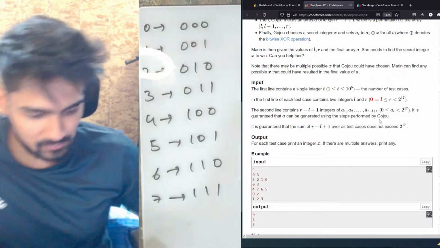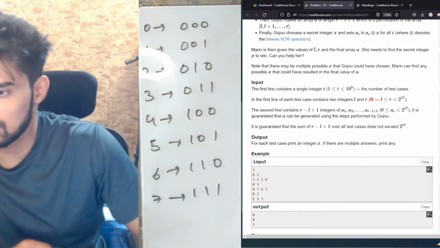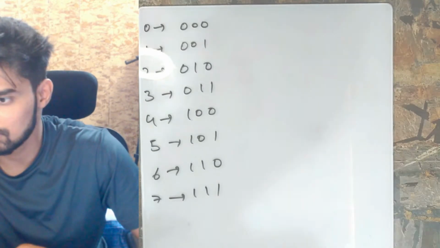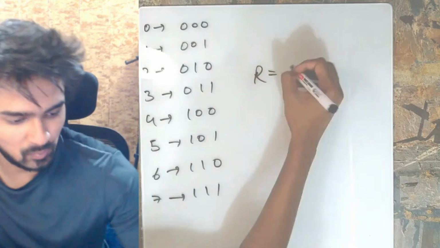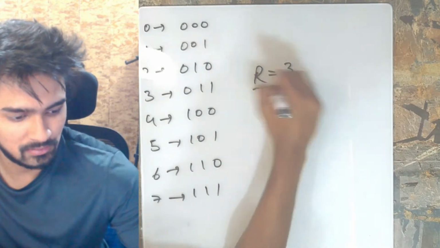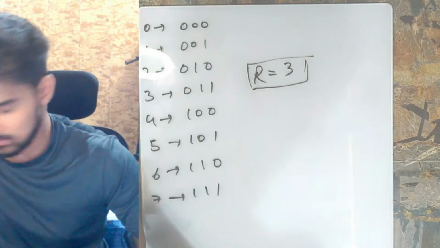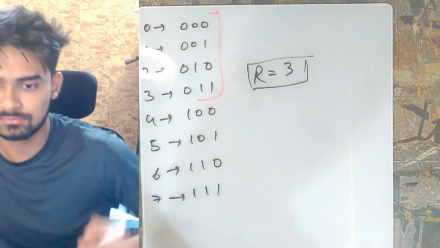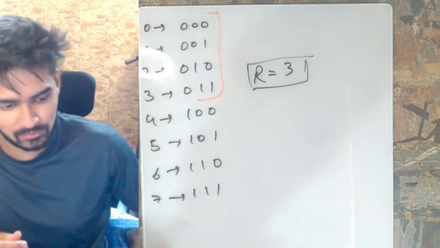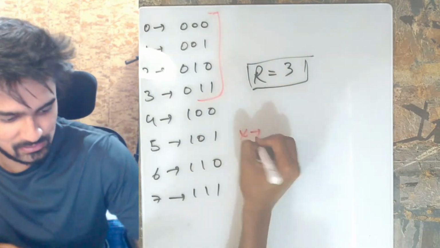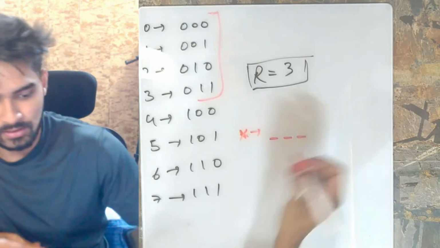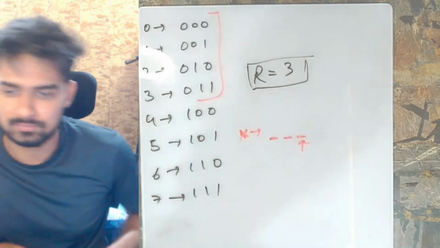Now, let's say R was equal to 3. If R was equal to 3, that means we need to take these 4 values. And let's take X also. Let's say this is the X and these are the indexes. Now let's look at the very first value.